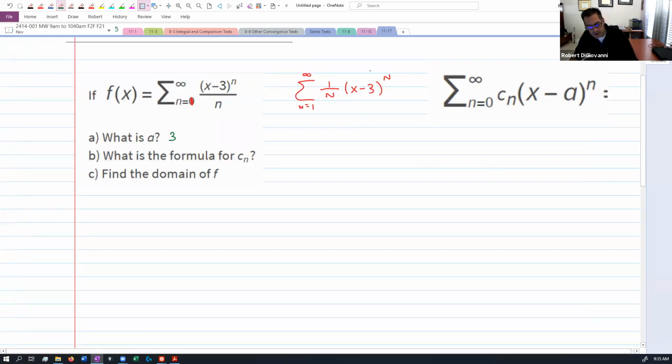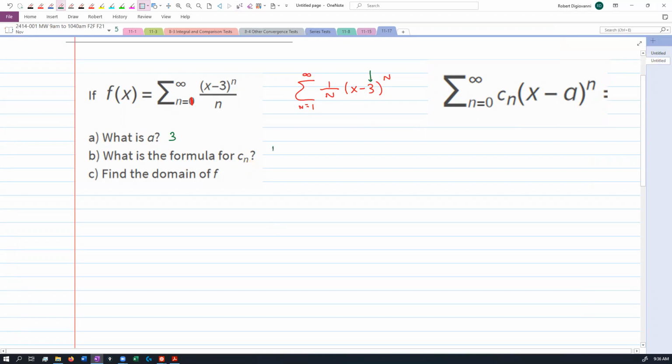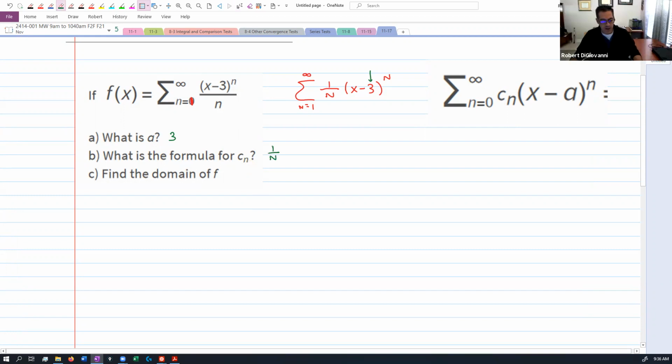So we have x minus A to the n, and A is 3. And then c sub n is the formula that creates the sequence of numbers. That should be what? 1 over n. Okay, good. Now, let's find the domain.